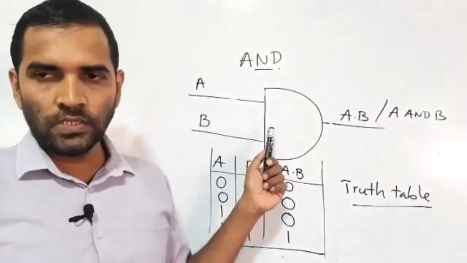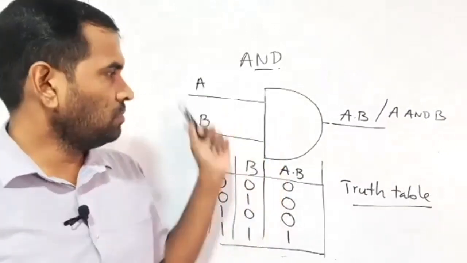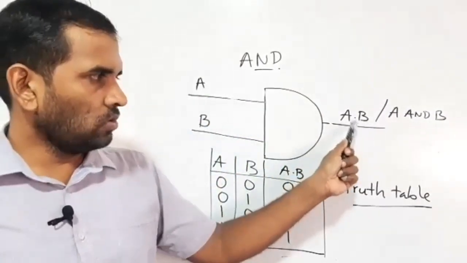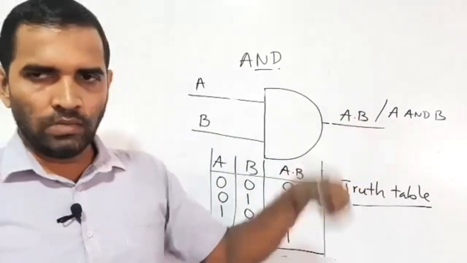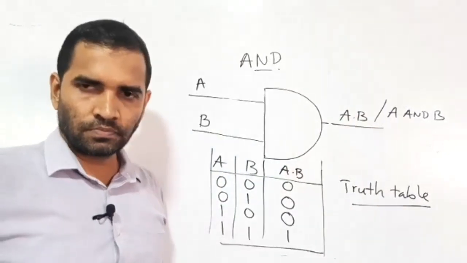Use the pencils. A, B, this is A dot B, A and B, both are same.